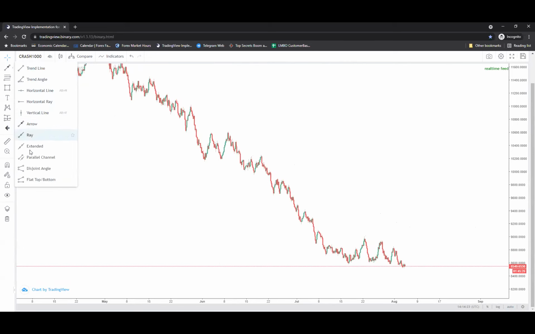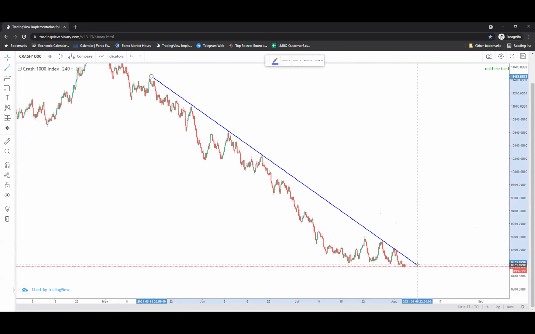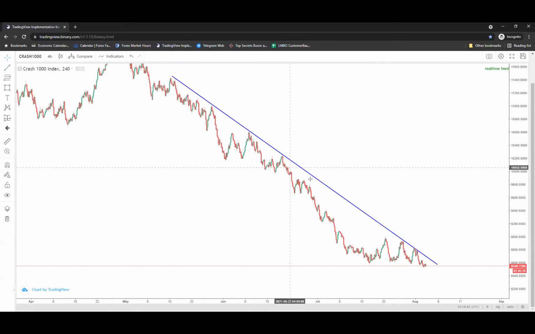Okay, you see this trend line is respecting for how many days? This is a 4-hour chart, and look how many days it is respecting, correct?